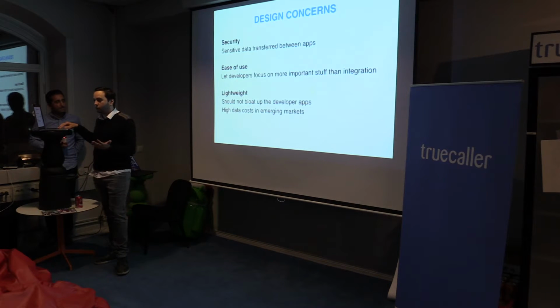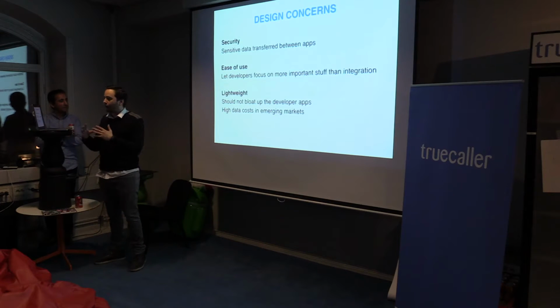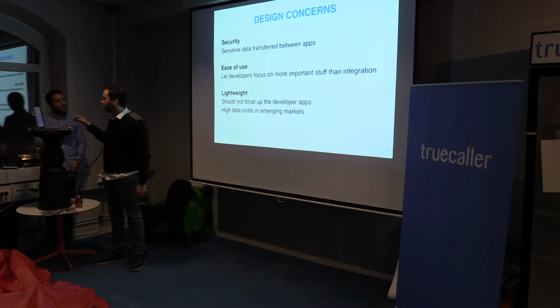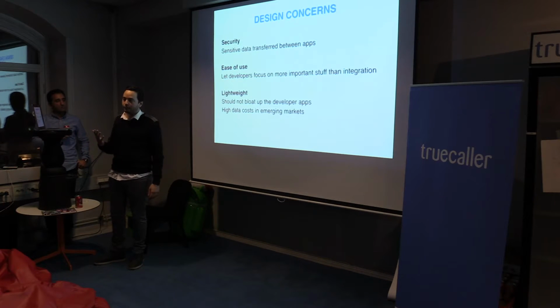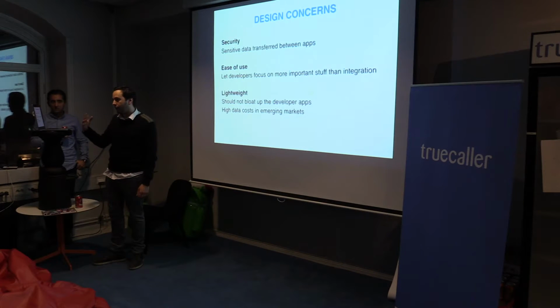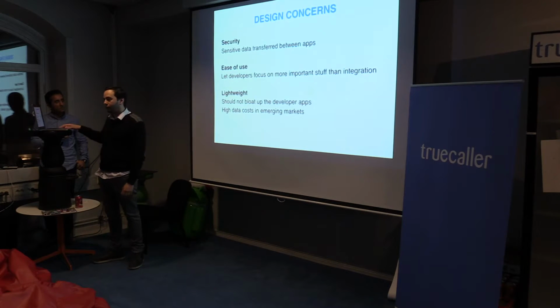And we wanted to be lightweight so that we don't bloat up your apps, and also because we are quite strong in some emerging markets where the mobile data costs are high, we wouldn't like them to download some huge binary file, but we wanted things to happen in the TrueColor app.